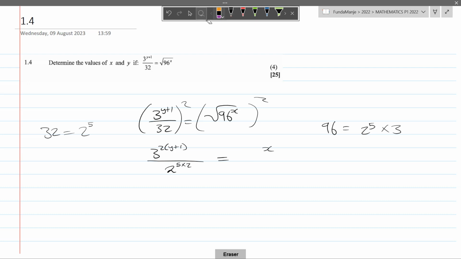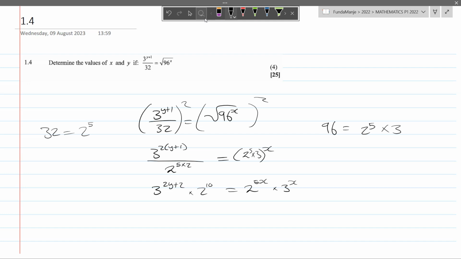So I'm going to replace 96 with 2 to the power of 5 times 3 to the power of x. Then on this side, I'll simplify it a bit. We have 3 to the power of 2y plus 2 multiplied by 2 to the power of 10 is equal to 2 to the power of 5x times 3 to the power of x.